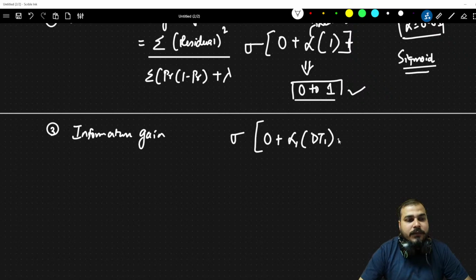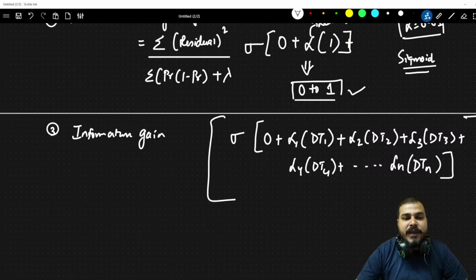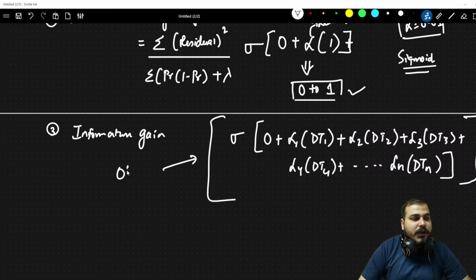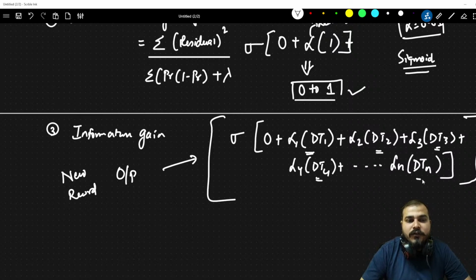This will be your final output when you try to infer from any new record. The reason we call this boosting is that we add each and every decision tree output slowly to finally get our output. I hope everybody is able to understand now.